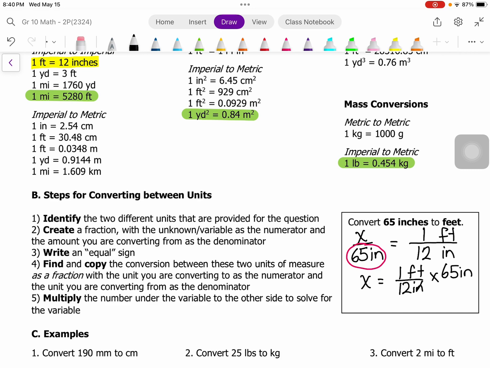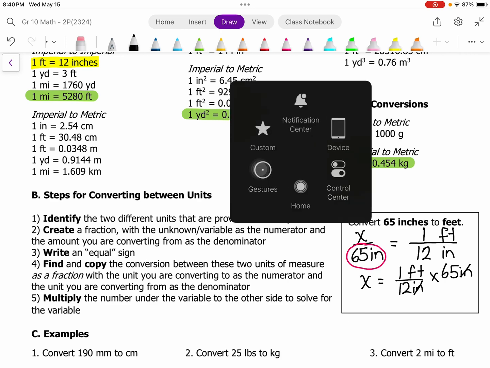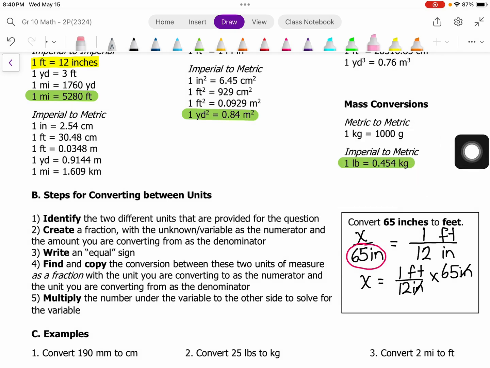Inches divided by inches cancels, leaving me with the unit of feet. So for x, I do 1 divided by 12 times 65, which is equal to 5.4, and my units are feet. So 65 inches is equal to 5.4 feet.